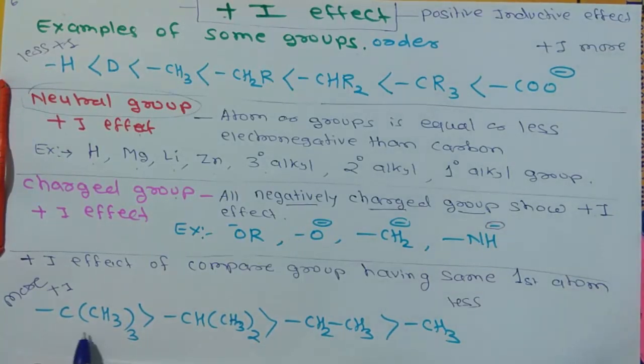Trialkyl groups have the most plus I effect, then dialkyl, then less again. CH3 has very little positive inductive effect as compared to trialkyl groups such as the tertiary butyl group. So we can show different examples which show the positive inductive effect and the negative inductive effect, and this is very important for the NEET and IIT JEE examinations.